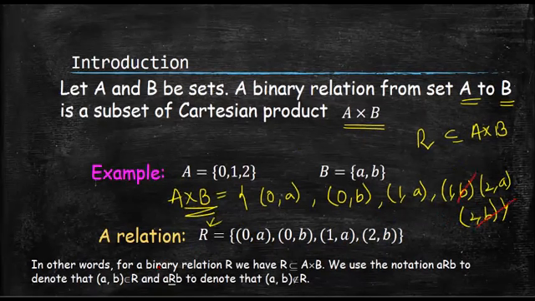In other words, for a binary relation R, we have R is a subset of A cross B, and we use the notation aRb.